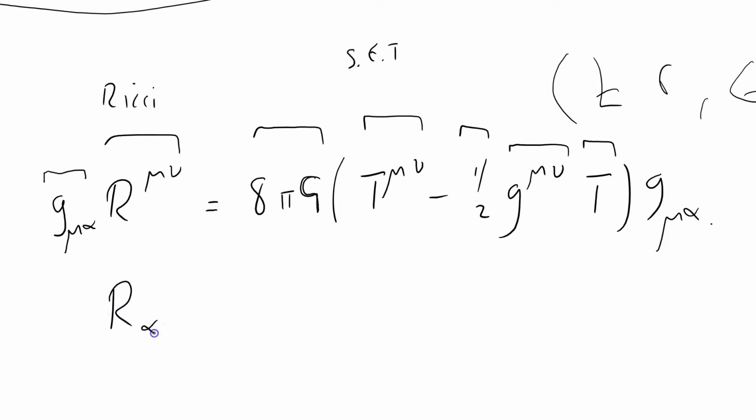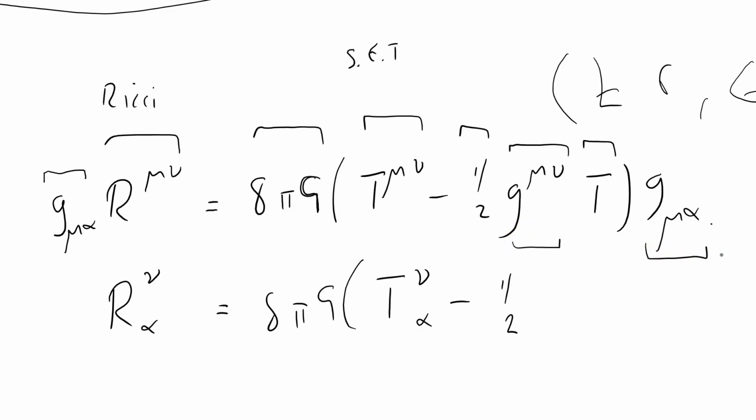So it's R alpha mu, no, that's not mu, that's a nu, equals 8 pi G T nu alpha minus a half, and then here we're multiplying one metric tensor with upstairs indices by a metric tensor with downstairs indices, and they are matrix inverses of one another. So it comes out to be a Kronecker delta nu alpha times stress energy scalar T, which is unaffected, of course, by any of this index raising.